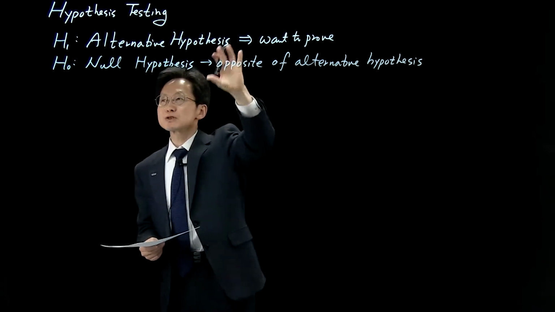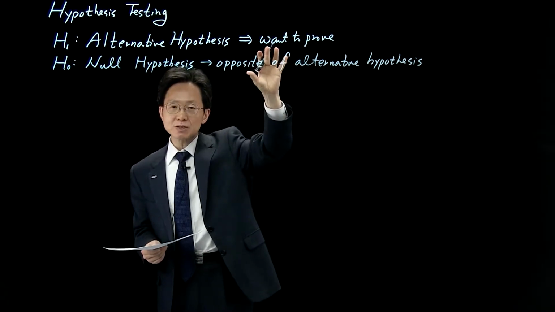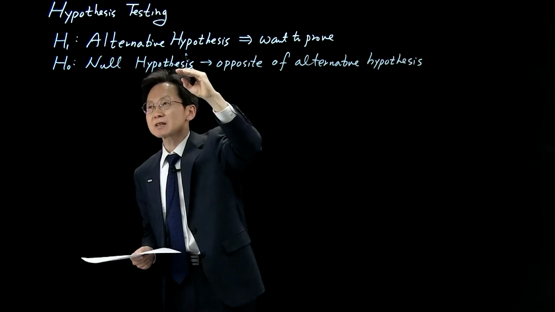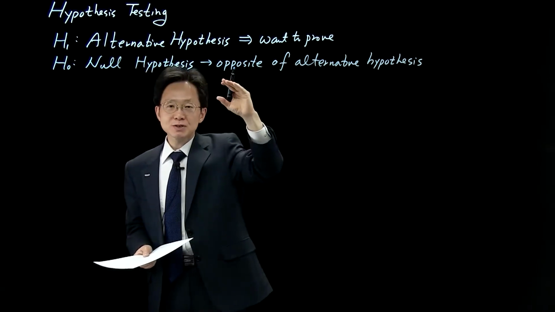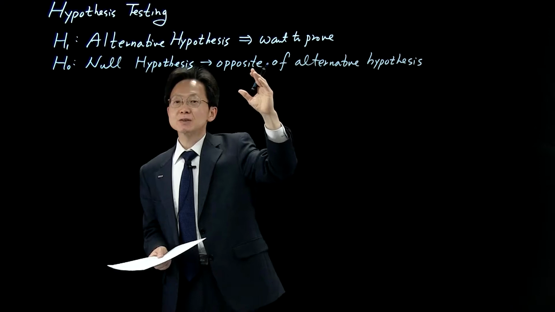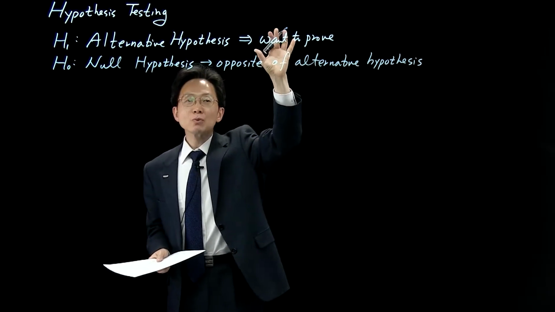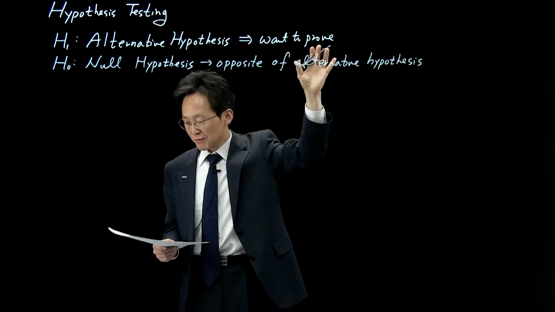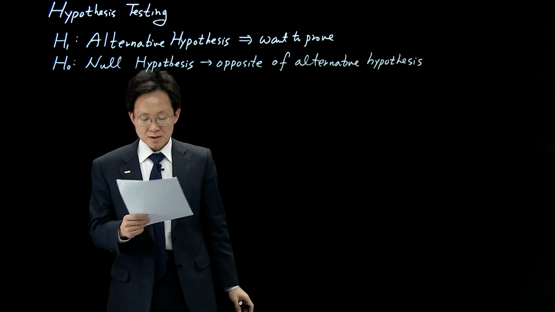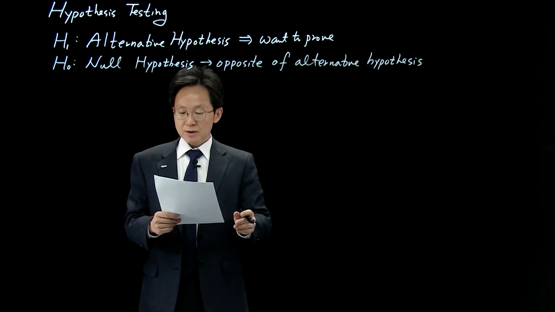And if we have these two different types of hypotheses, and if we can reject the null hypothesis, that automatically says that we accept the alternative hypothesis, which we hope, we want to prove, we want to confirm. For example, think about this.